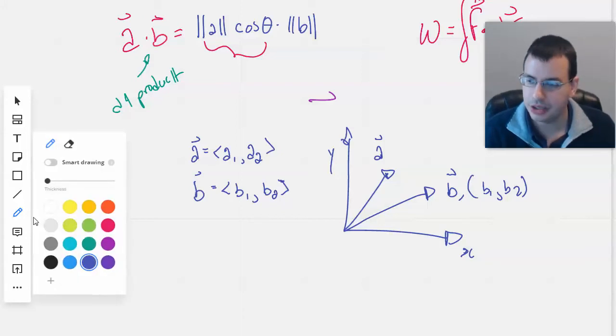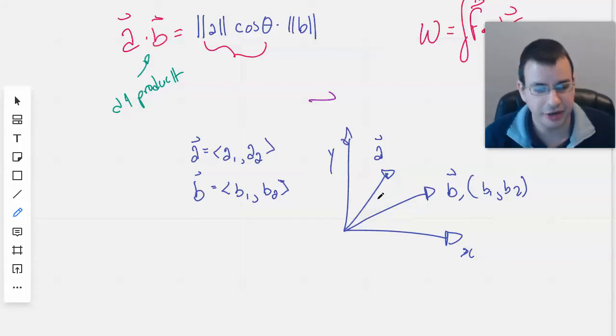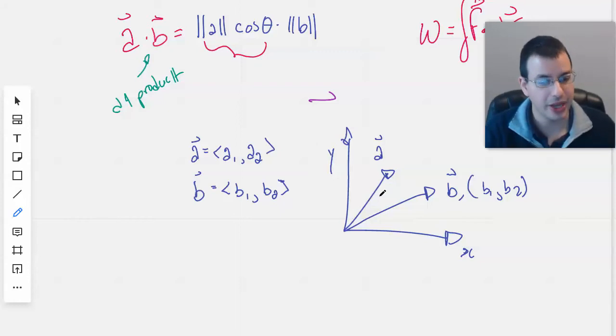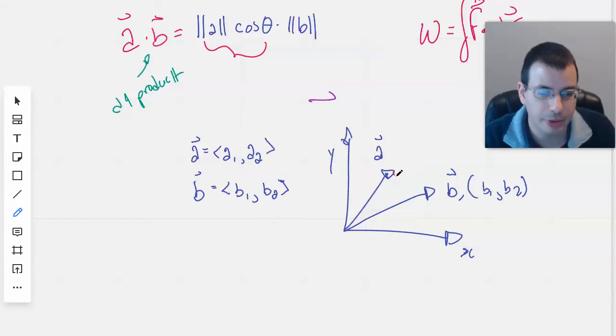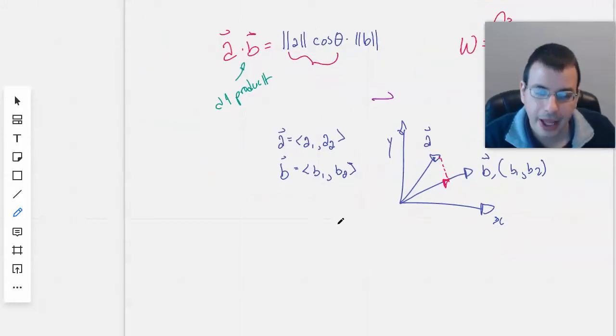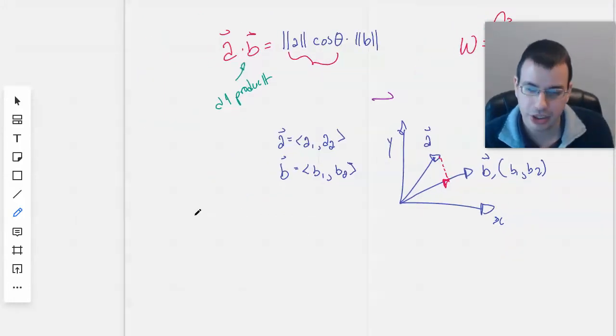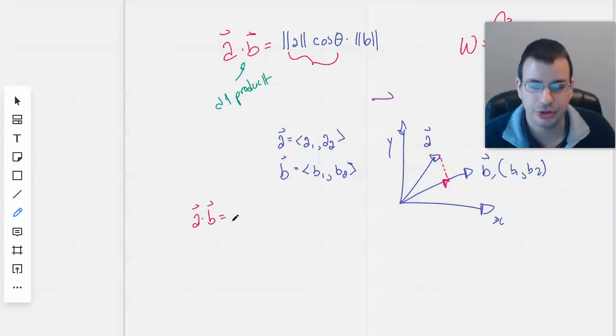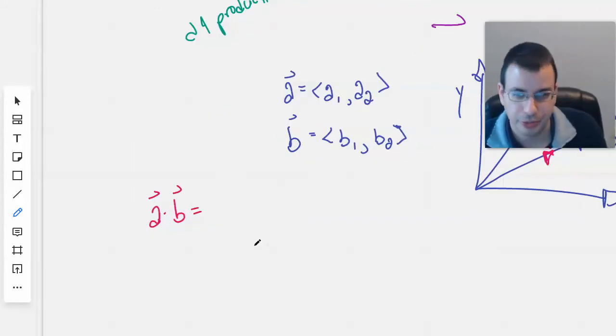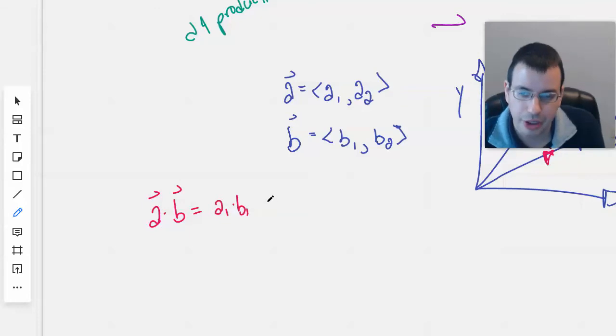Just looking at it, it's kind of difficult to see what the theta is between them, but we might want to project A onto B. And so the way we can do this is A dot B equals, and this is mostly true, A1 times B1 plus A2 times B2.